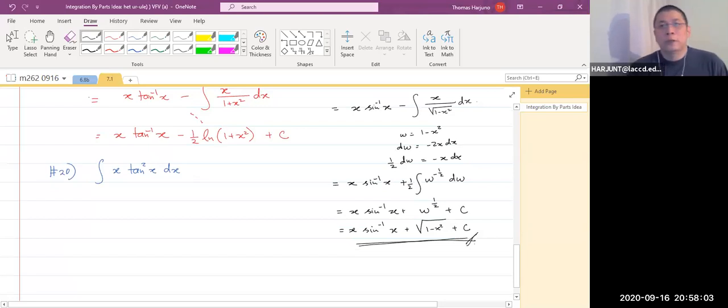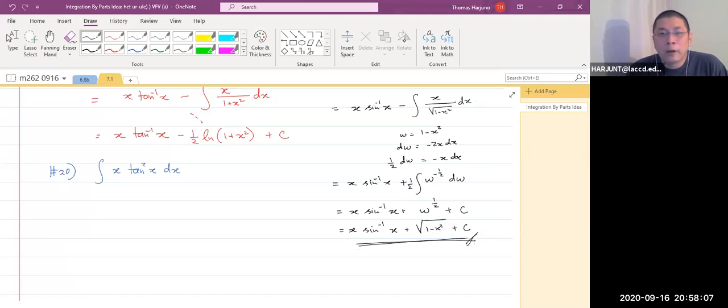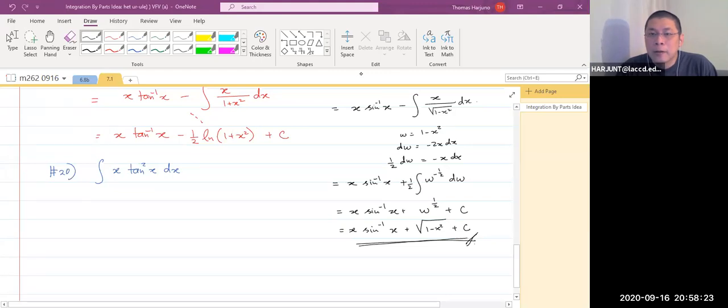Number 20. What about the 1/2? The 1/2 coefficient multiplied by 2, right? Yeah, you get 1/2 times 1 over 1/2.